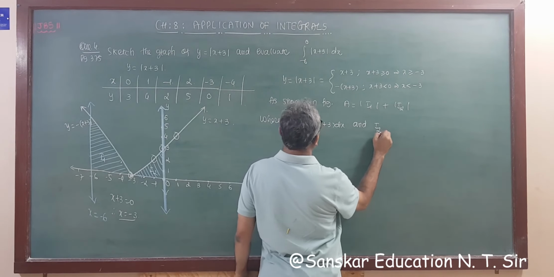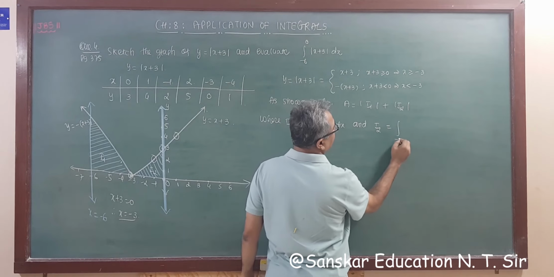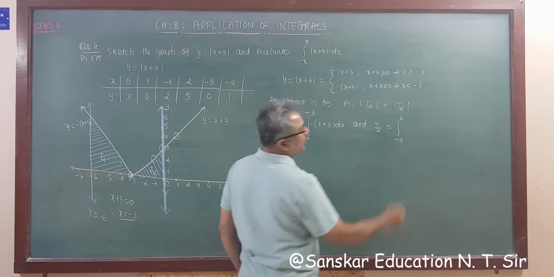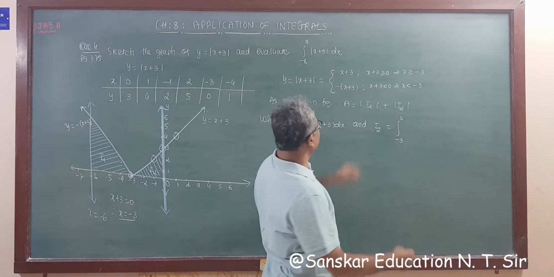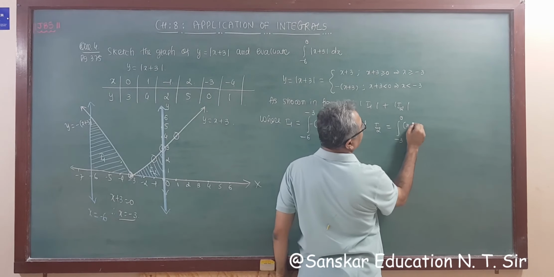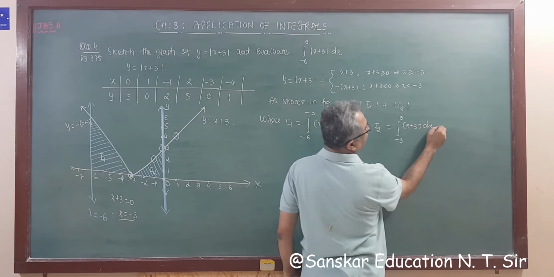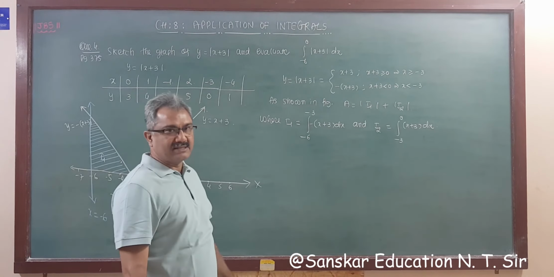And I2 is equal to integration from minus 3 to 0, because the maximum limit is 0, that is greater than minus 3, so the integrand is x plus 3 dx. Got it? Understand?